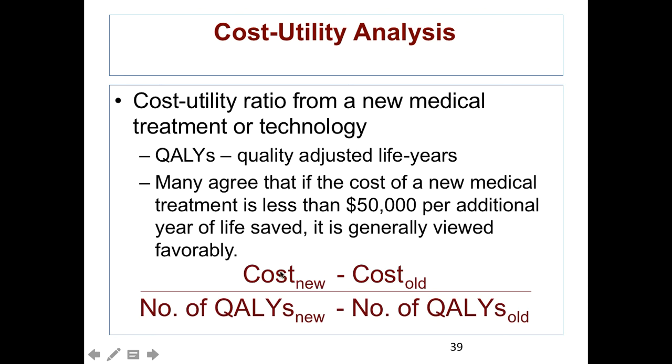If at the top we have $50,000 and the difference between the two is one, then in most countries the new treatment is accepted if it costs less than or equal to $50,000 per quality adjusted life year.